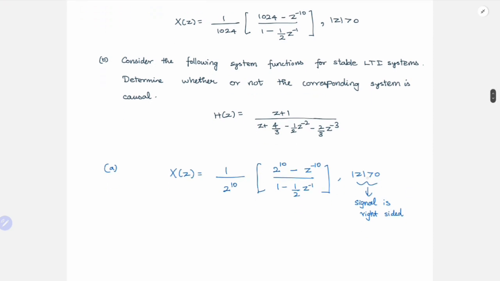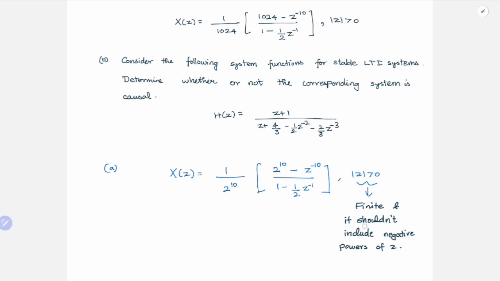But also if you notice, it is covering the entire z plane except for 0. So the signal can also be finite, and it should not include negative powers of z.